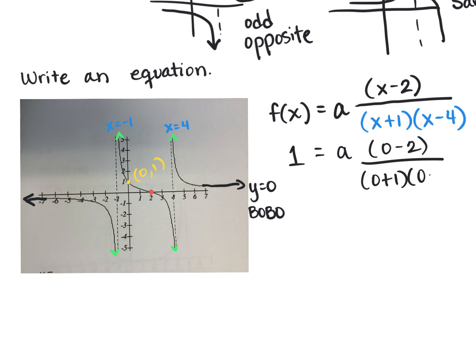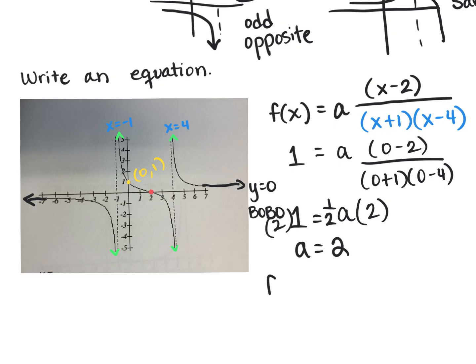And then I have 0 minus 4. So I have 1 is equal to a. Now the fraction ends up being a -2 on the top and then a -4 on the bottom. So -2 divided by -4 is positive 1/2. So then I'm going to multiply both sides by 2 or divide by 1/2, whichever way you want to do that. So you end up with an a value of 2.